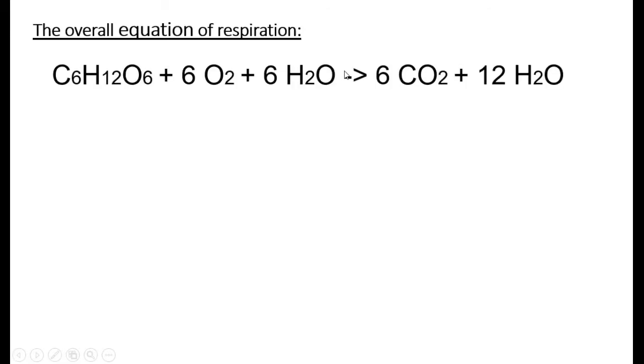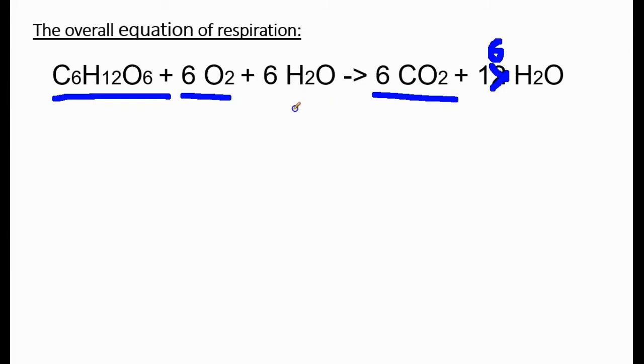The first one is the overall equation of respiration. This is what it looks like. We've got a similar case as for photosynthesis, where this equation is slightly more complex than the one you learnt in S4. In S4, you learnt that glucose plus 6 oxygen gave 6 CO2 plus 6 H2O.